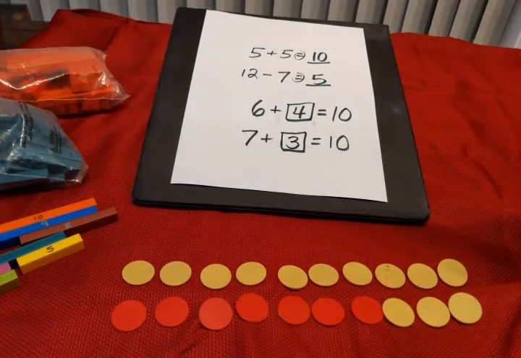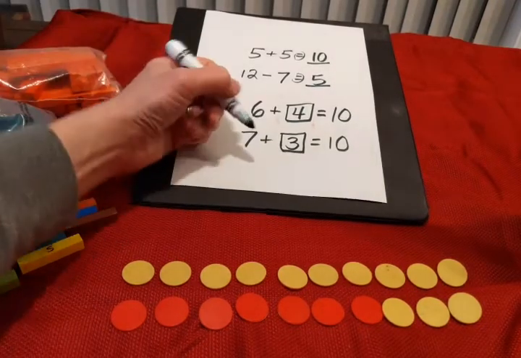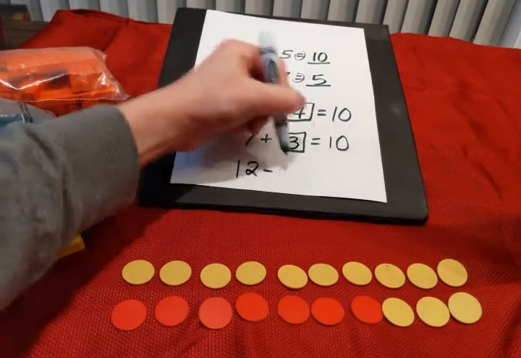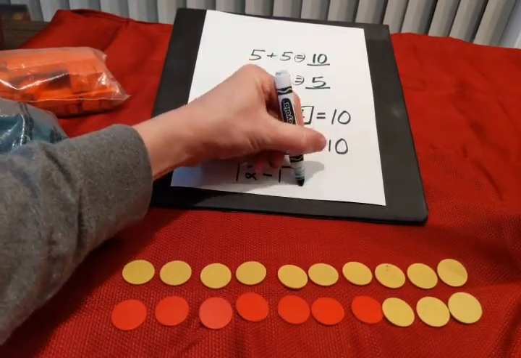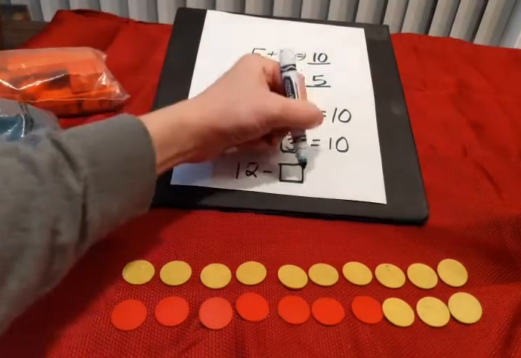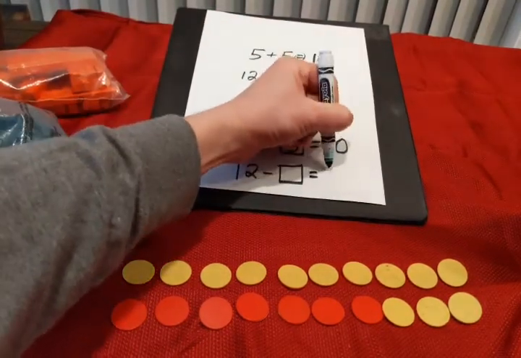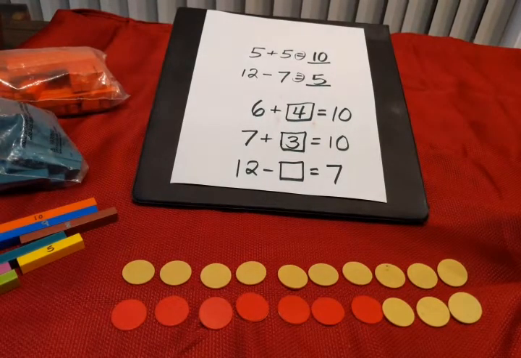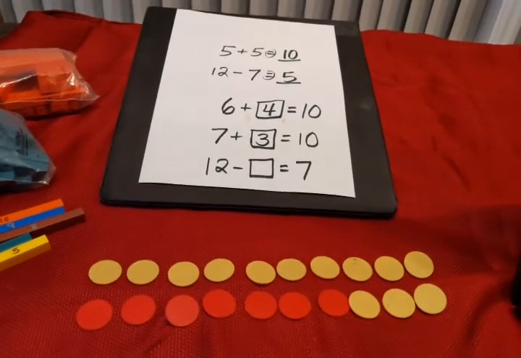And we can do this also with subtraction. So let's say I was doing 12 take away mystery number equals 7. So let's use that same space to help us figure it out.